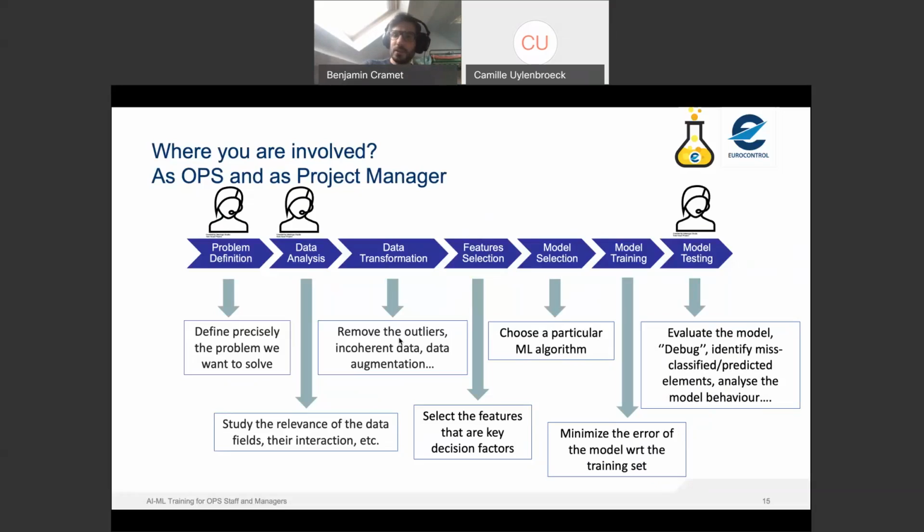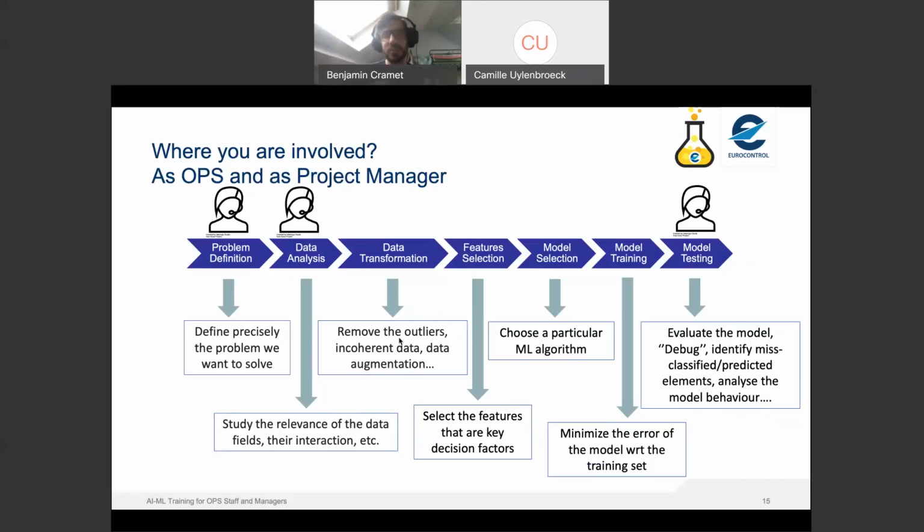Then the project will work, you will be involved, but a bit less, and you will have real value on the testing, to evaluate what are the results of the work, what is basically the value that the system gives.